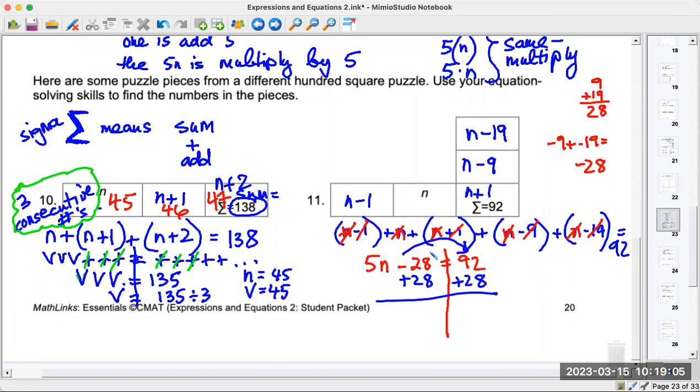Minus 28 plus 28 is a 0 pair. They cancel each other out. Now the 28 is over here. Remember, it's the opposite sign. Both sides. All you have left is 5n on this side equals 92 plus 28, use your calculator, is 120.